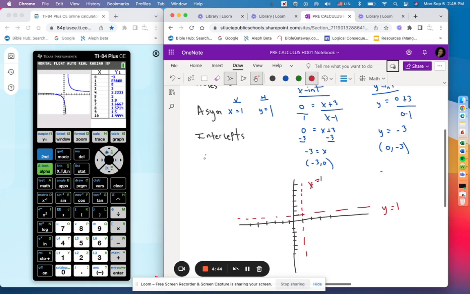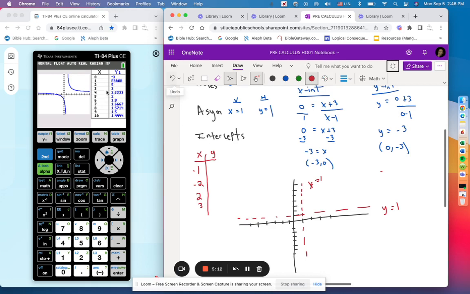And I need to make a table of values. I need 2 points to the left and right of my vertical asymptote. So if I go to the left, I'm going to have 0. But I already got 0 as the y-intercept, so I don't want to pick that one. I want to pick negative 1 and negative 2. If I go 2 numbers to the right, it's going to be 2 and 3.